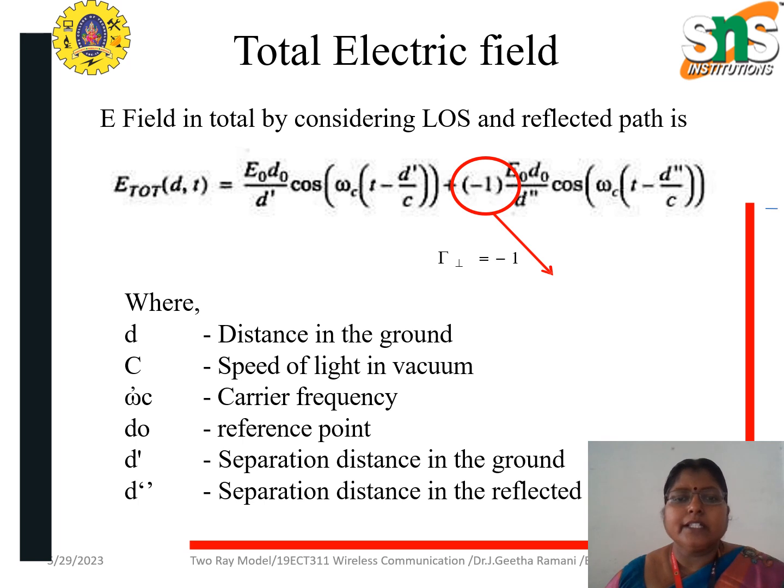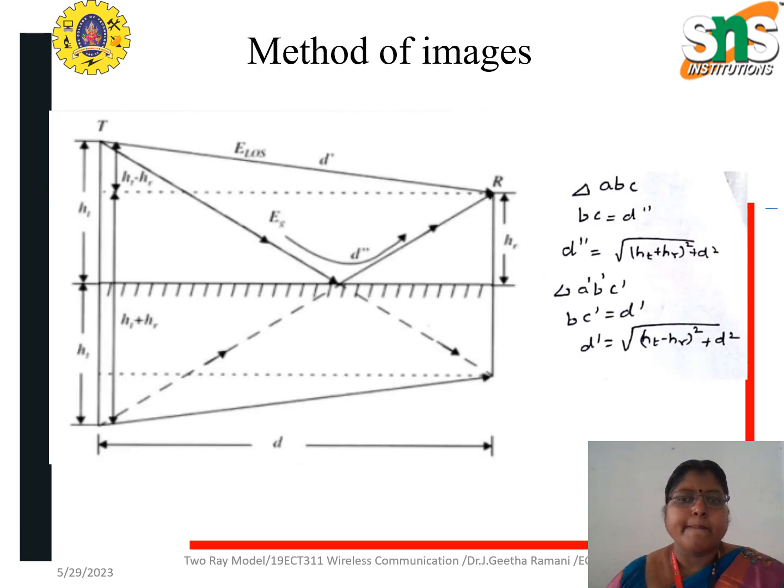So here the reflection coefficient is for perpendicular polarization, so it is considered to be a value of -1. So we are replacing the reflection coefficient with -1. So we know all the parameters in this equation, isn't it? We already discussed. And we are applying the method of images.